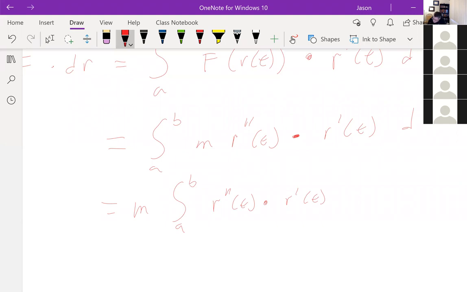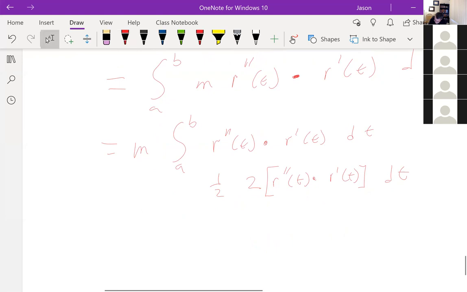Well, now I'm going to do something a little sneaky. I'm going to rewrite this as 1/2 times 2 r double prime of t dotted with r prime of t. And again, this is a little bit of manipulation, but it's okay. 1/2 of 2 of something is still the same something, right?